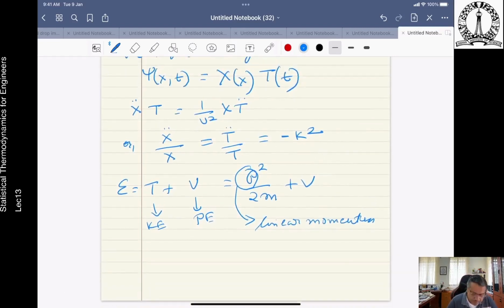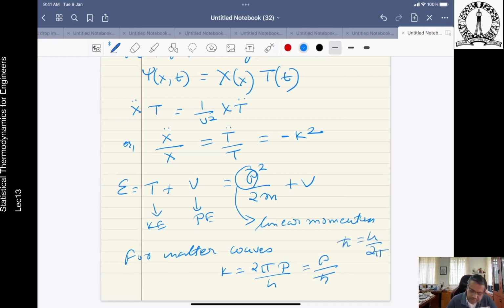For matter waves, k is equal to 2 pi p by h, which is p by h bar, where h bar is equal to h by 2 pi.